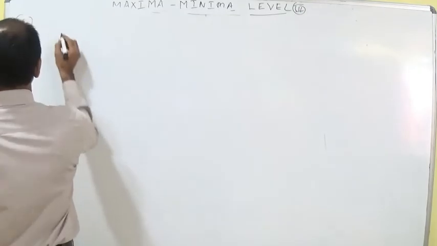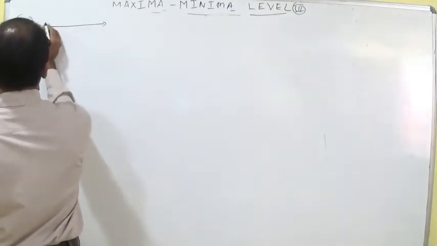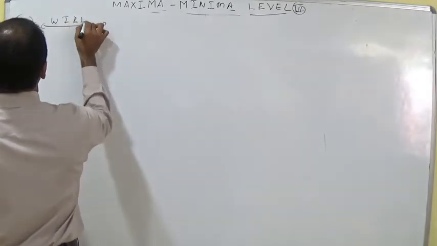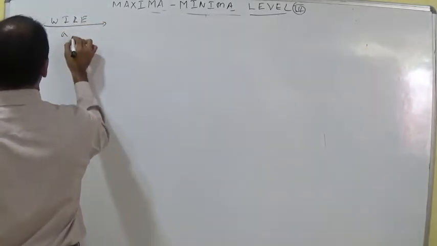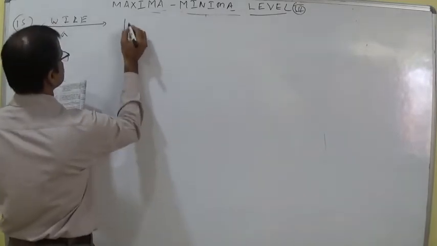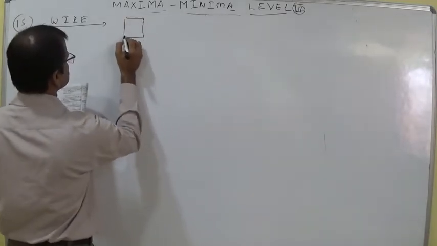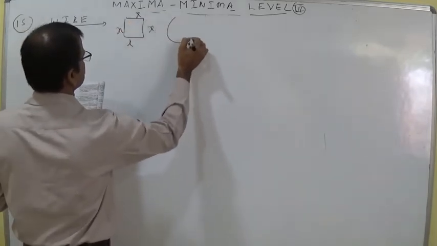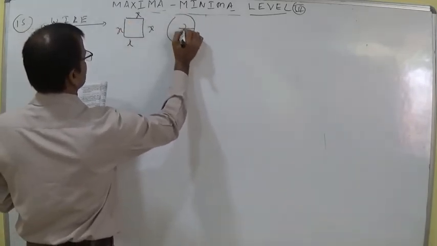A wire of length A, let this be the wire. A wire of length A is cut into 2 parts which are bent into the form of a square, let this be a square having side x, and a circle having radius r.